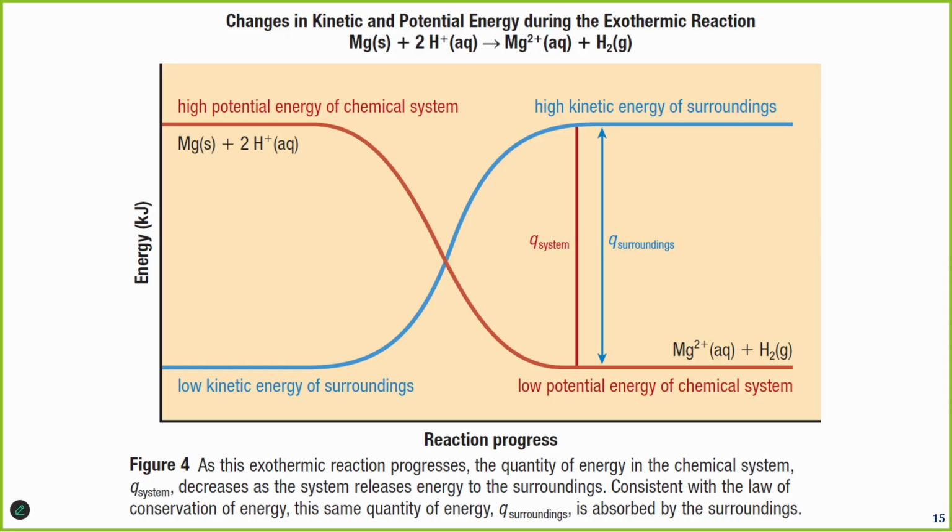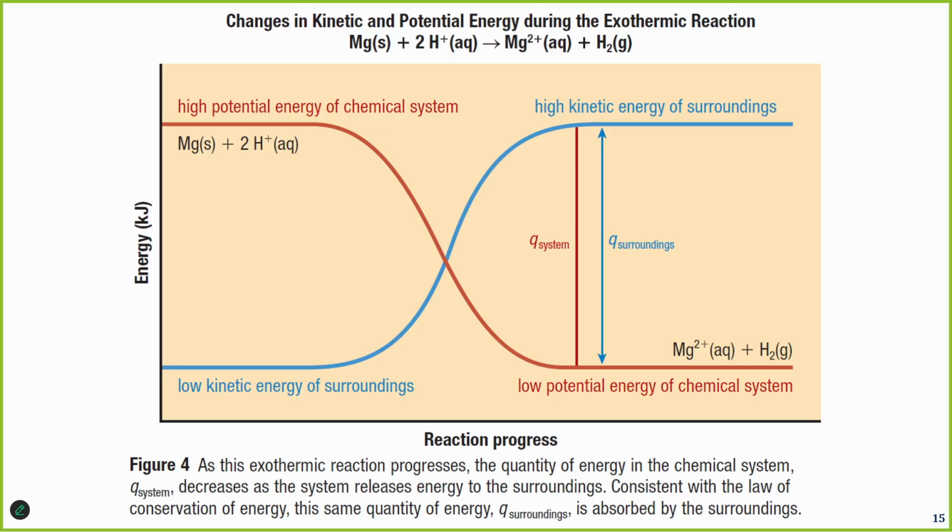For example, suppose we use a calorimeter to determine the enthalpy of the reaction in which magnesium reacts with an aqueous solution of hydrochloric acid. According to the net ionic equation shown on the top, the chemical system consists of solid magnesium, aqueous hydrochloric acid, magnesium ions, and hydrogen gas.